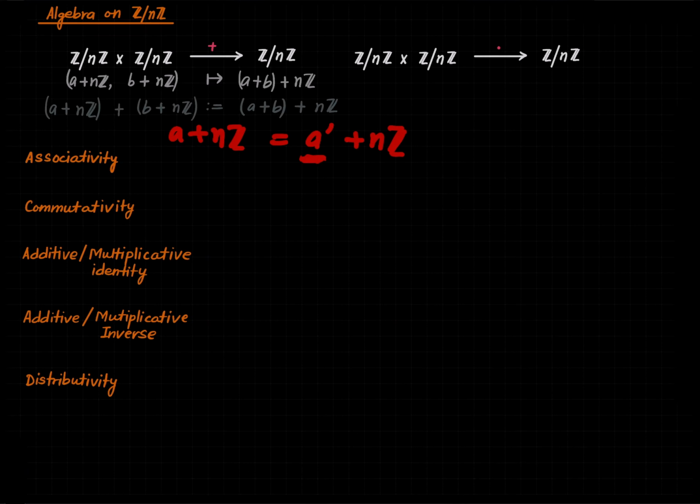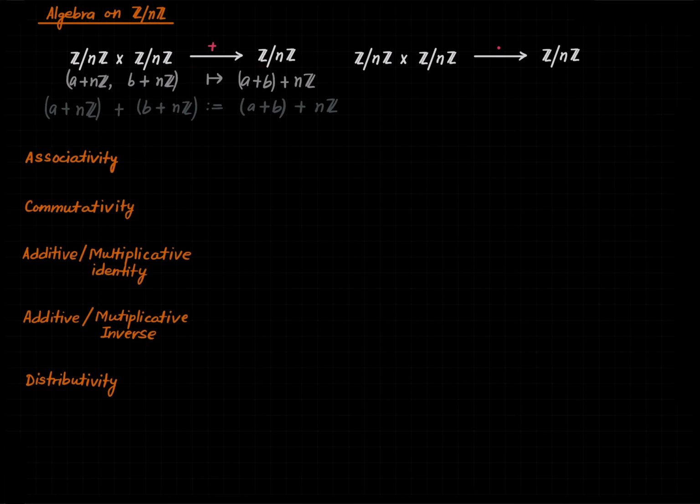So on the face of it, it seems that a different person who writes a + nZ as this might obtain a different value here, but that's not going to happen. That's your exercise. The well-definedness of this is a very simple exercise. And this is capturing modular arithmetic, or the addition part of modular arithmetic, as I'm sure you understand. So this is just a more natural, practical notation for this horrible thing.